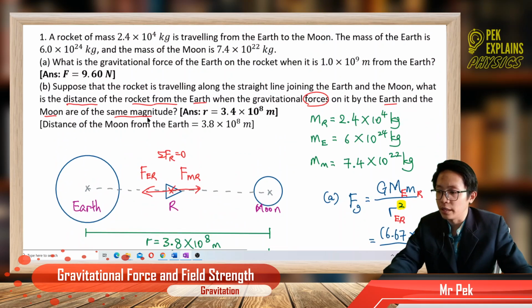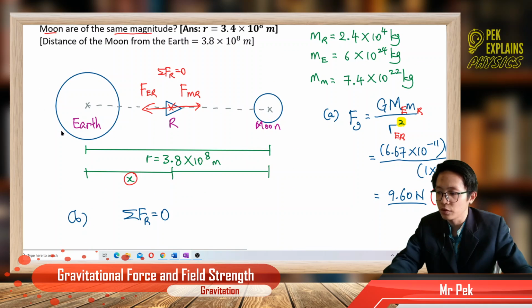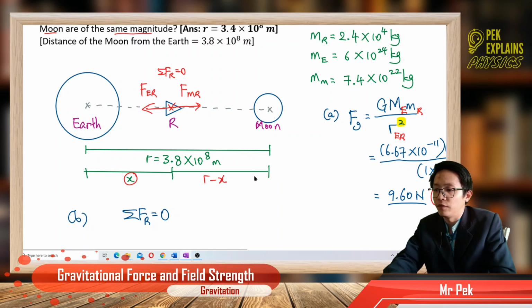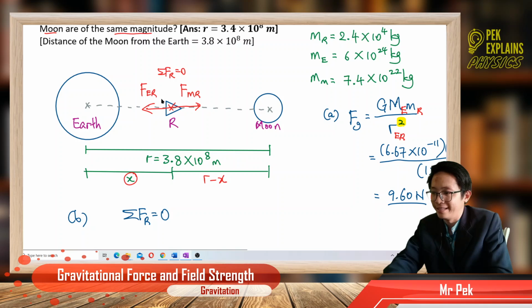The distance of the Moon from Earth is given as r. So we have this, and we want to find x. How about this one? This one is r minus x. Good. And don't forget, these two are vectors, so you must put a sign.